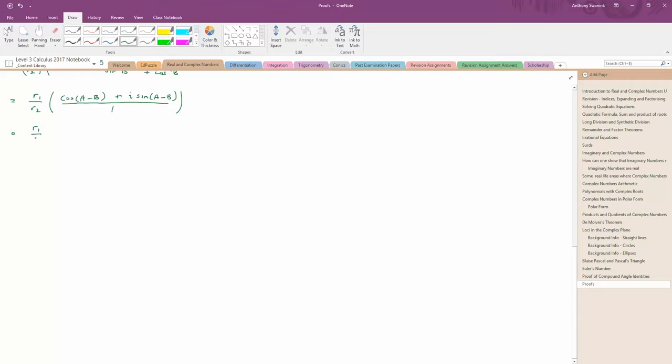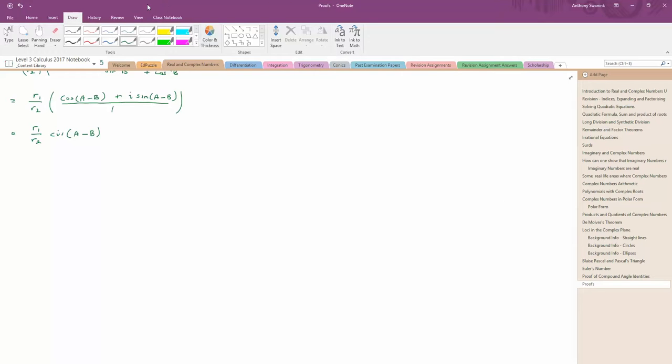That's R1 over R2, and this here is simply a complex number in polar form where the argument is A minus B, so all of this can be replaced with CIS A minus B.